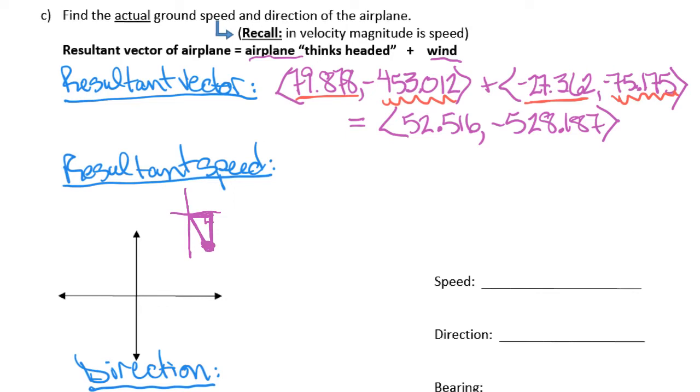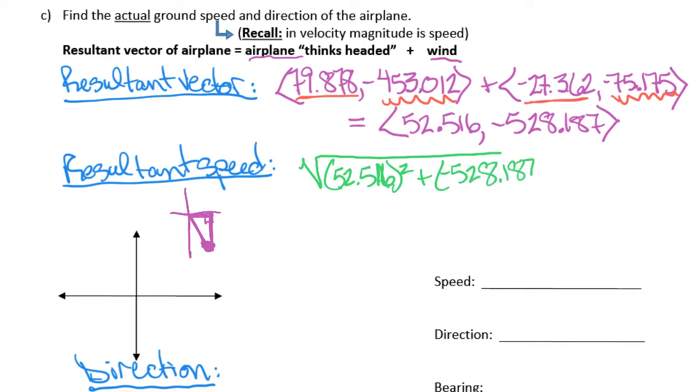So I'm going to do Pythagorean's theorem, and I'm going to just jump to the square root of 52.516 squared plus negative 528.187 squared.